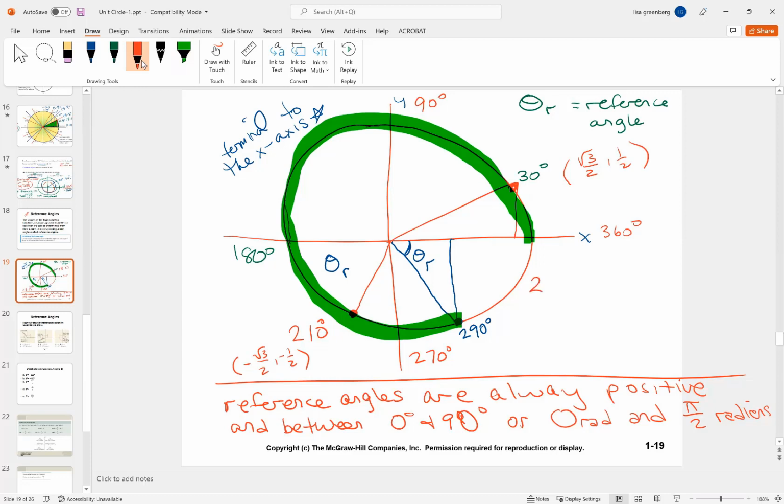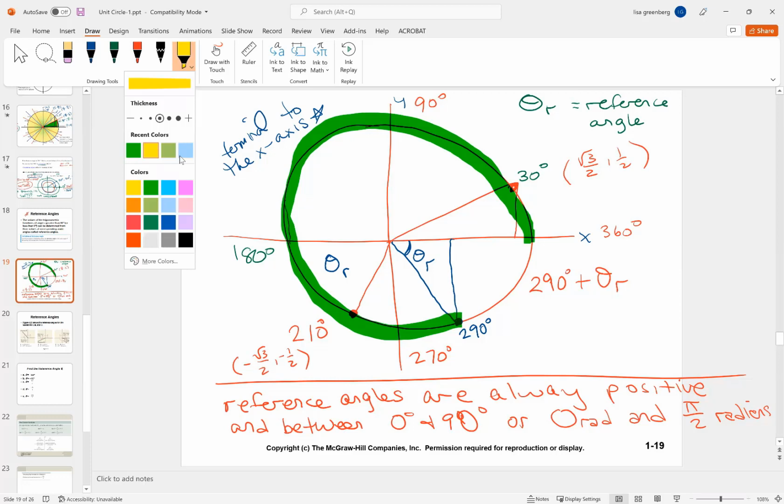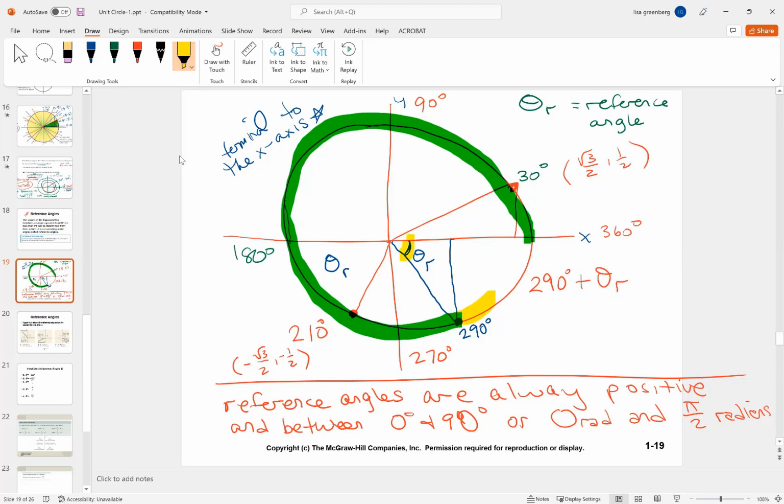So I have 290, again, plus my reference angle, because that's the piece here that I'm adding. This is my reference angle. That's got to equal 360 degrees, which means my reference angle is going to be here, 70 degrees.